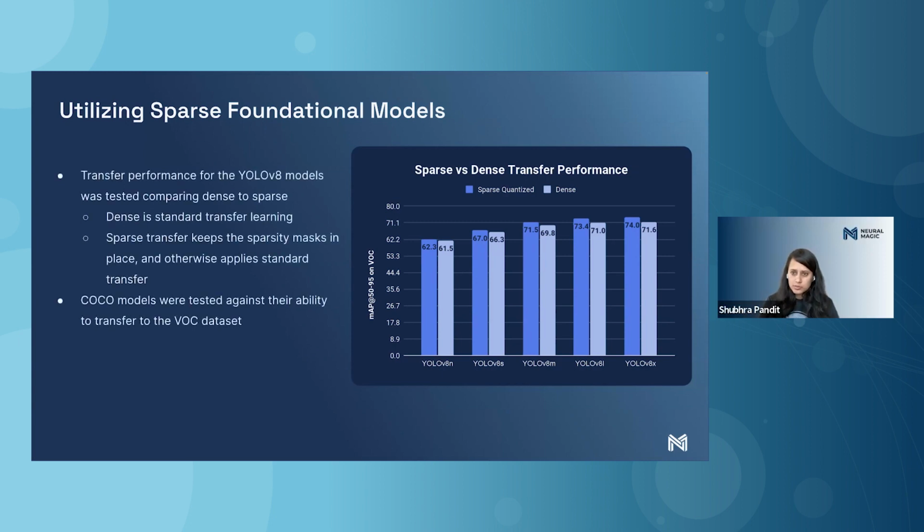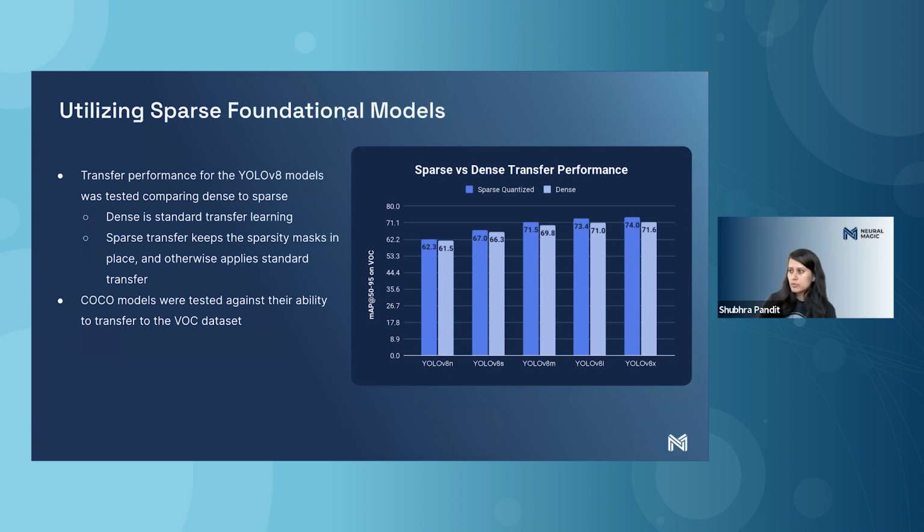This process preserves the same level of sparsity as the starting model. Here, we took our optimized YOLOv8 models, and for the dense models we used standard transfer learning. For sparse transferring the pruned models onto the VOC dataset, we use the sparse transfer process.